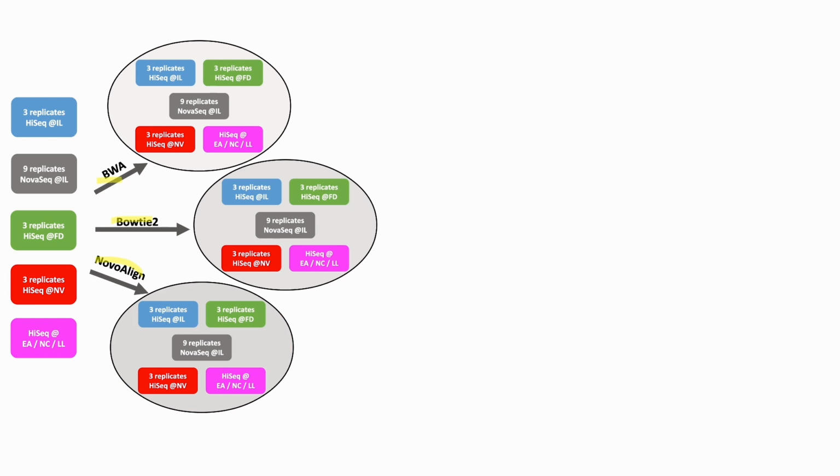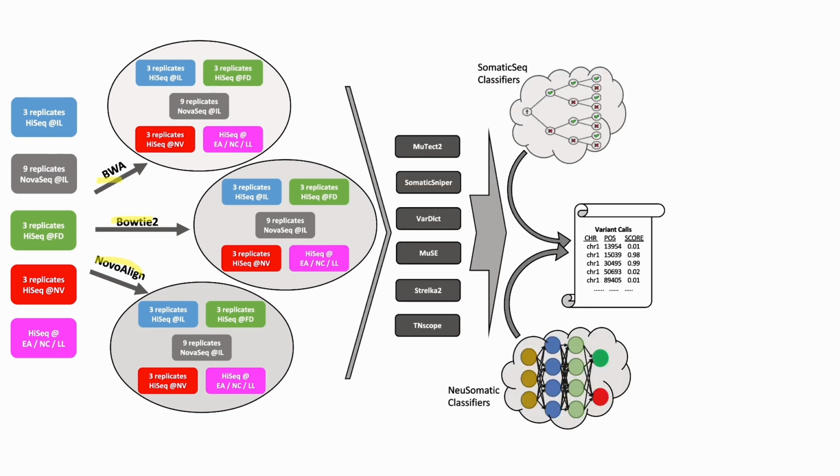For each of the 63 tumor normal BAM files, 6 mutation callers were run. Then, we used 2 machine learning algorithms, SomaticSeq and NeuSomatic, to classify mutations in each of these 63 datasets based on caller classifications and sequencing features.